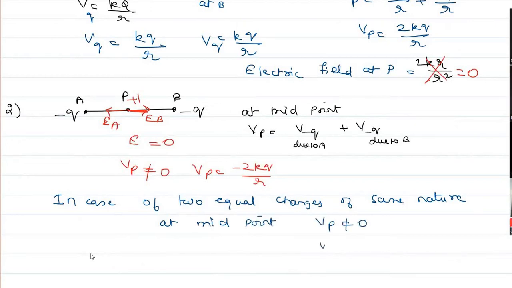Potential will not be equal to 0, whereas electric field intensity will be 0. It is a vector. Clear, no? Everyone?